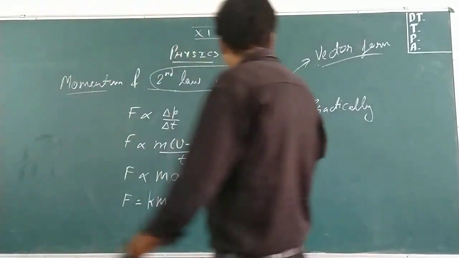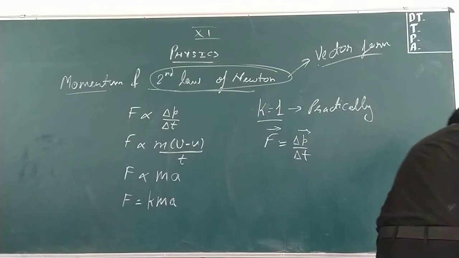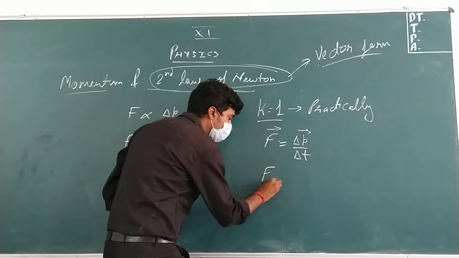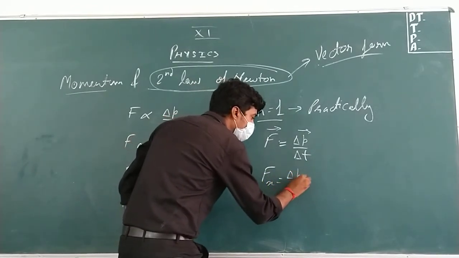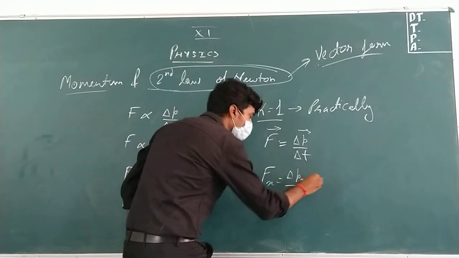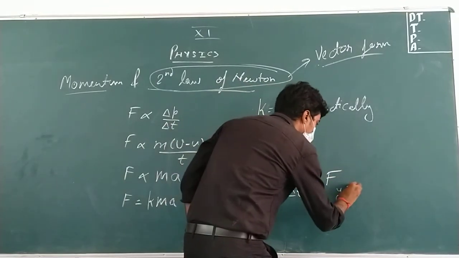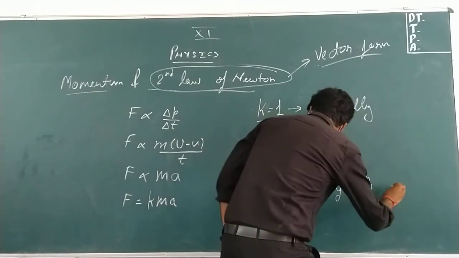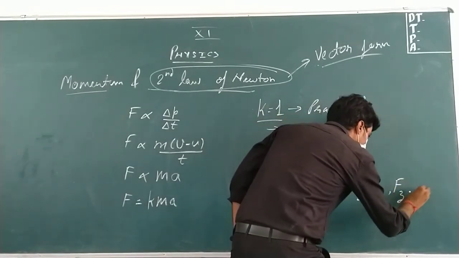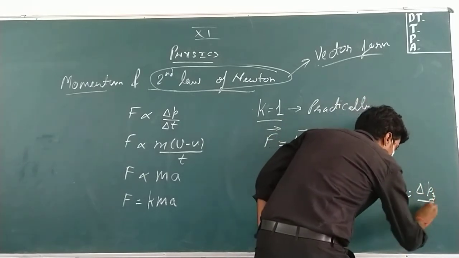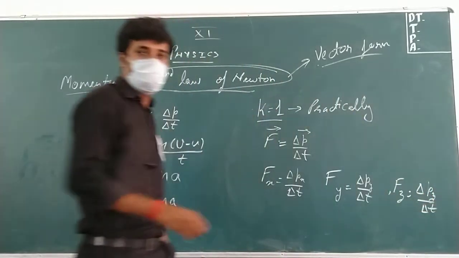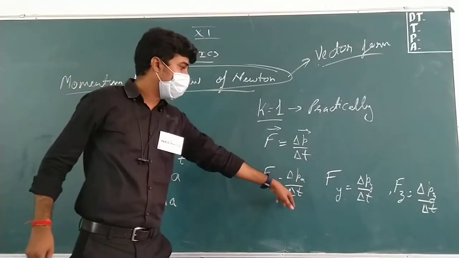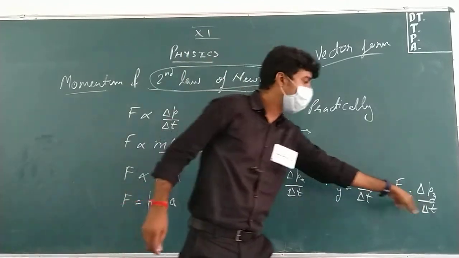So this can be written as: F along x direction is change in momentum in x direction upon delta T, Fx equals delta Px upon delta T. Force in y direction, Fy equals delta Py upon delta T. And the last one, Fz equals delta Pz upon delta T.